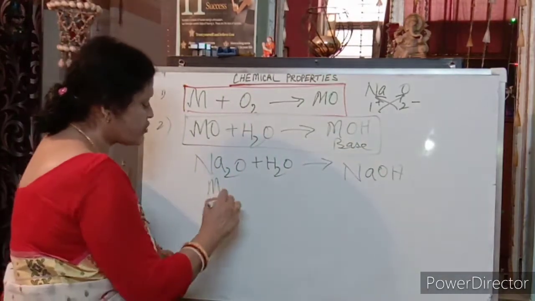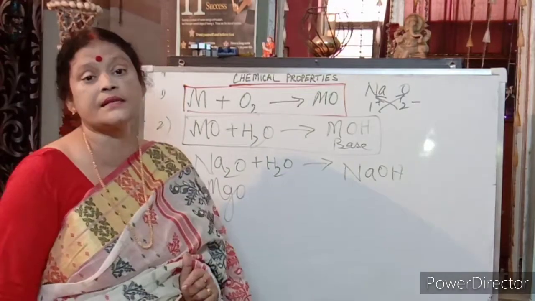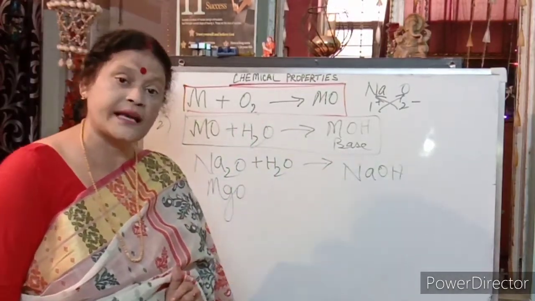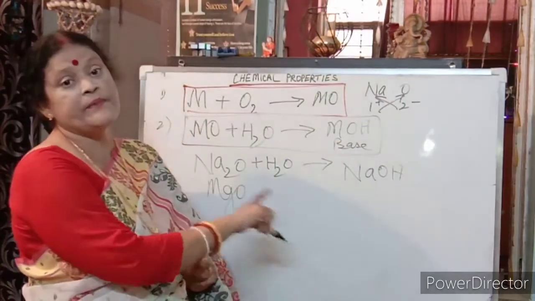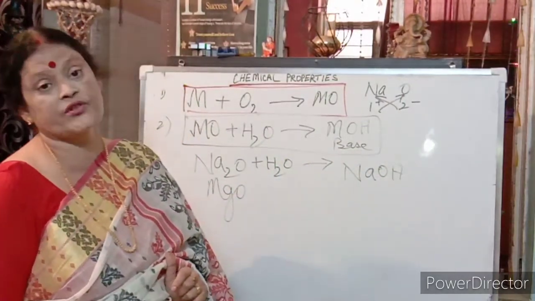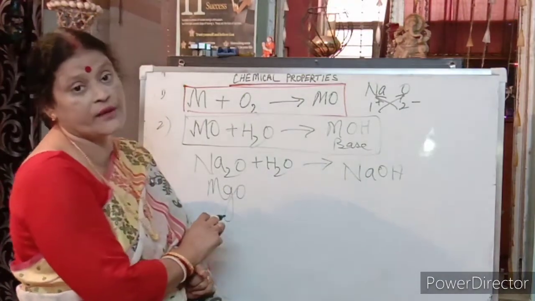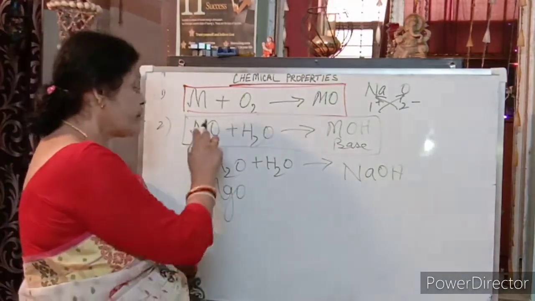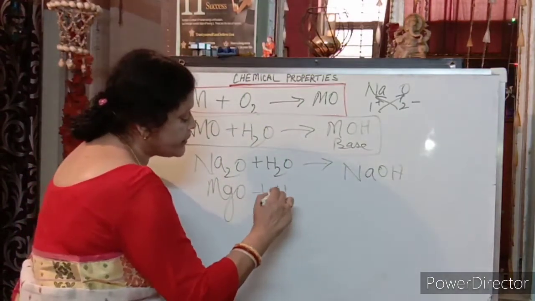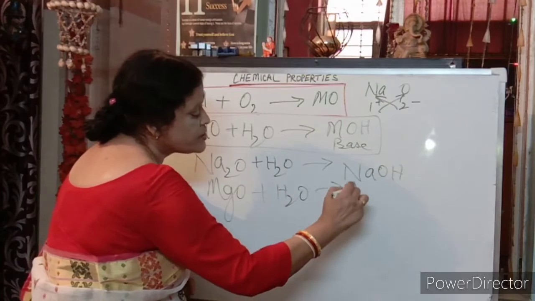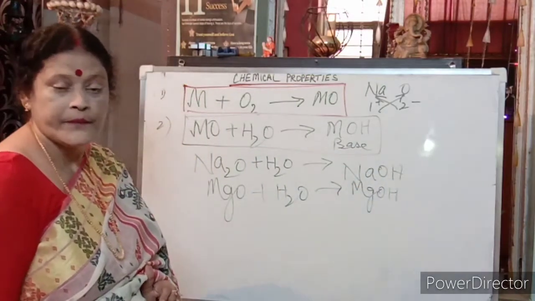If I am talking about MgO, you should know how to frame these formulas because you have already done it in your 9th standard. I have uploaded one video about all these basic methods of chemistry and formation of formulas, so you can find there how to frame them. Clear? So metal oxide MgO, Mg is metal, plus water forms magnesium hydroxide, Mg(OH)2.